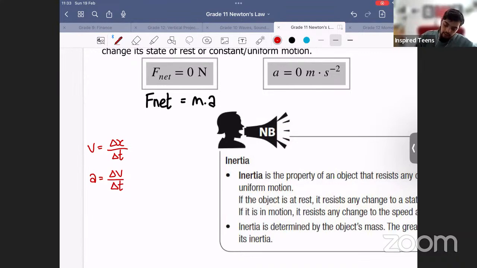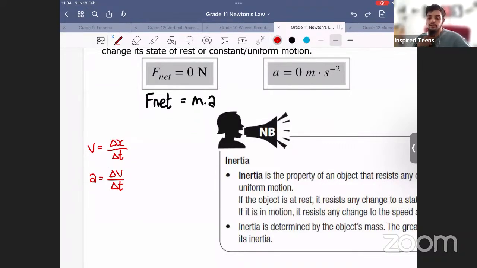Okay, so the rate at which we are changing our distance is velocity, meaning when you say your speed is 5 meters per second, it means that every second you are moving 5 meters. So the rate at which you are changing your distance is 5 meters per second. Okay, and the same applies for acceleration. Now, acceleration is the rate at which you are changing your velocity.